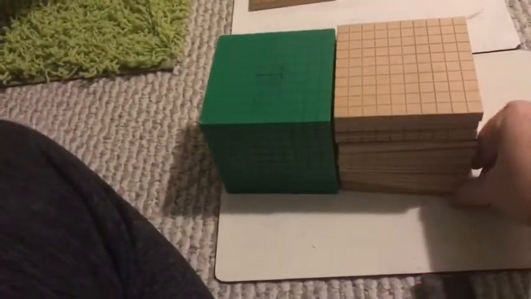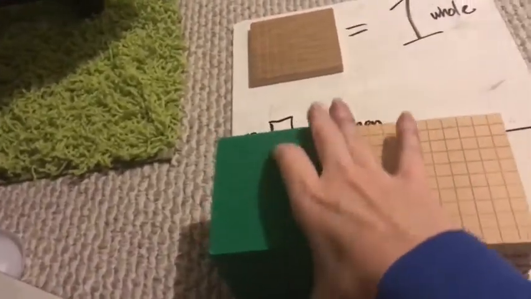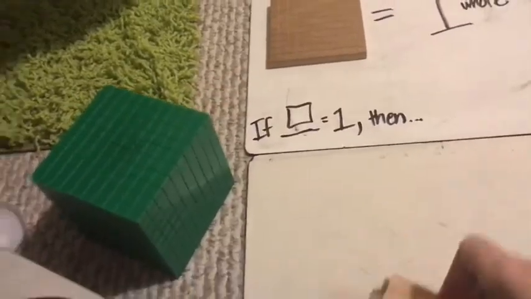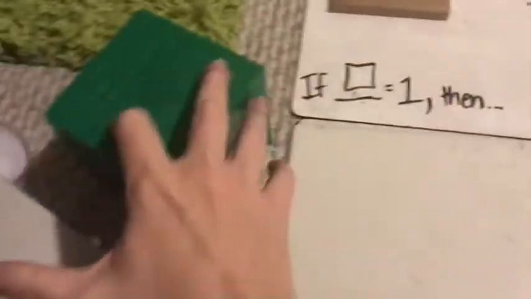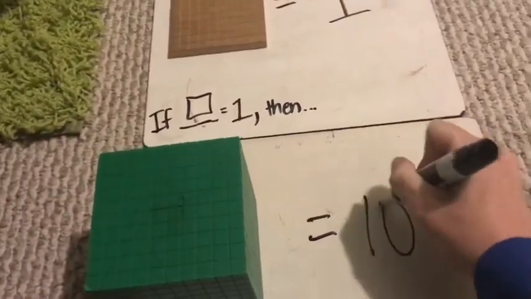It's not perfectly straight, but I'm recording with one hand, so. All right, so if this is 1 whole, then this piece must represent 10 wholes, right? So this piece represents 10.